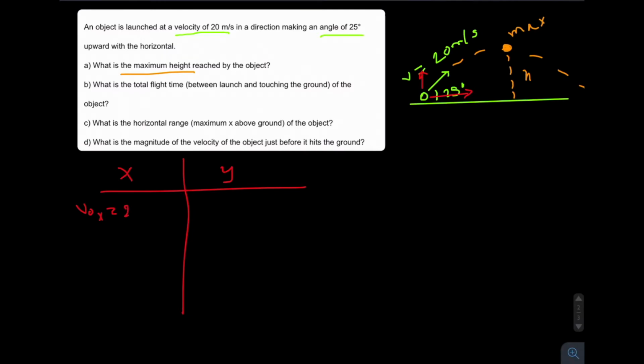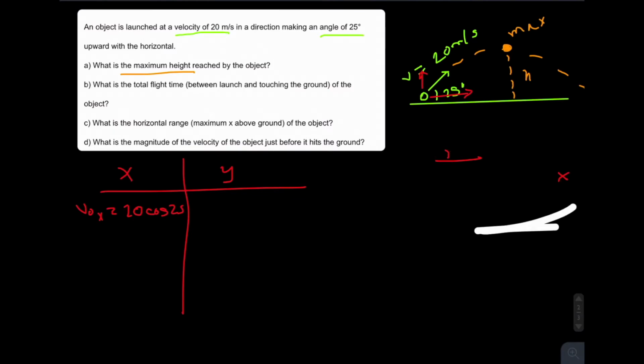If we have a triangle like this, with 25 degrees and this side being 20, cosine of 25 is x over 20. So x is just 20 times cosine 25. Just simple trigonometry.